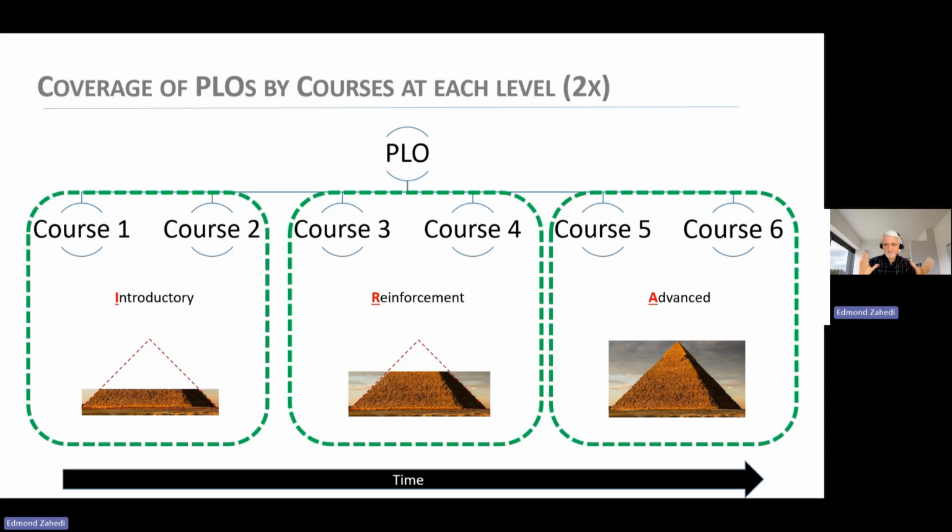So this is just to give you an idea of how much coverage we judge enough. We need 2 times, not only 1 course that covers a PLO. In general, we have more than 1 course that touches on a specific PLO.